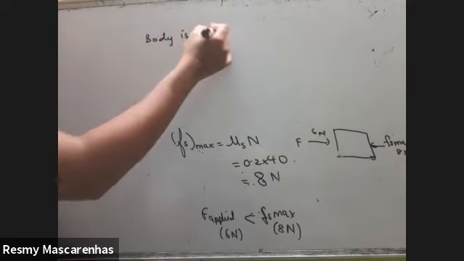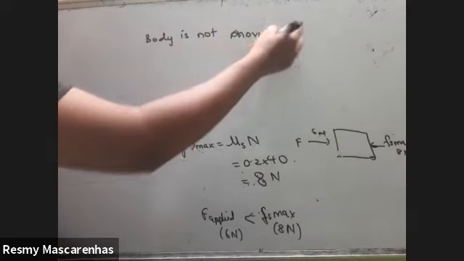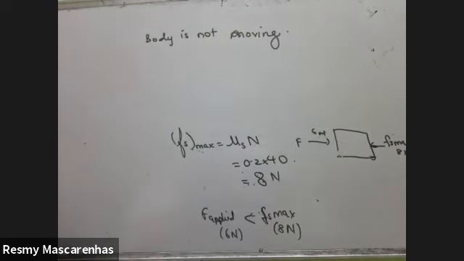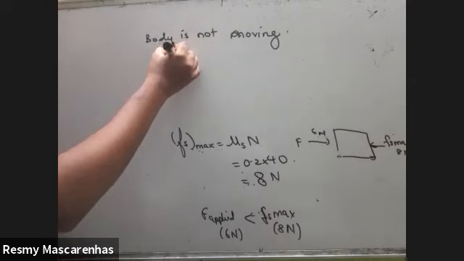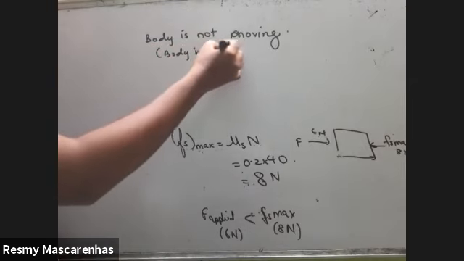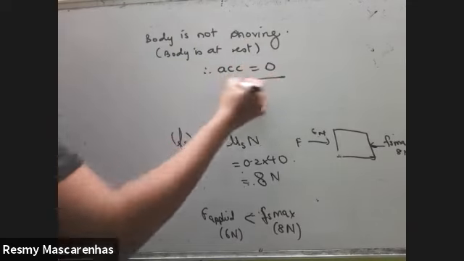If body is not moving, what will happen to the acceleration? You were asked to calculate acceleration. So what is going to happen to the acceleration? Body is not moving. 0. Yes. You can also say body is at rest. So therefore, acceleration is 0.